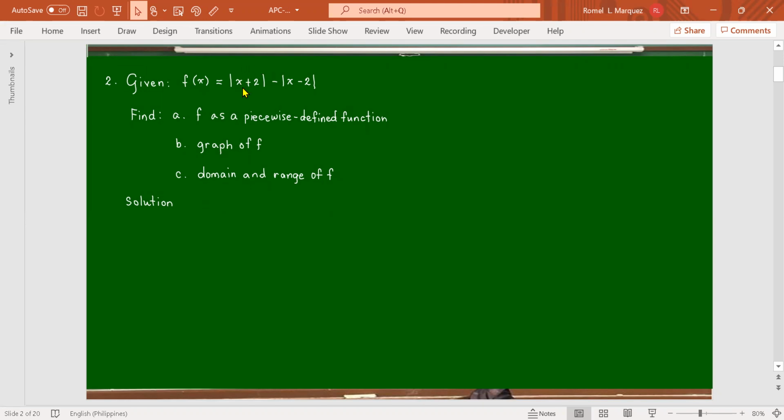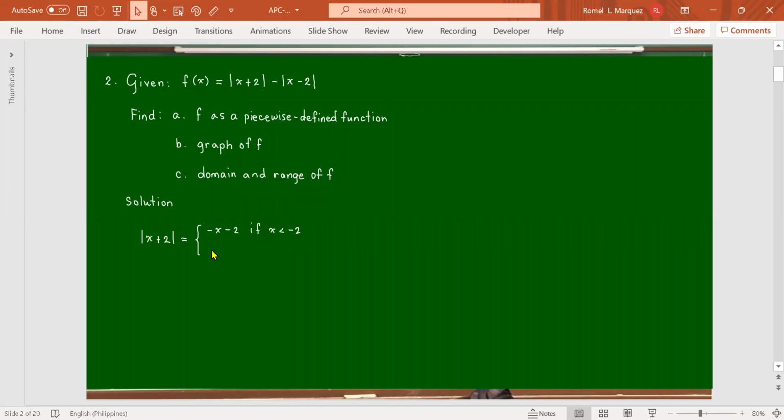Now, to get rid of the absolute value symbols, first we define its absolute value in bold. The absolute value of x plus 2 is defined as a piecewise defined function given by negative x minus 2, meaning the negative of the inside, if x is what? If x is to the left of negative 2.